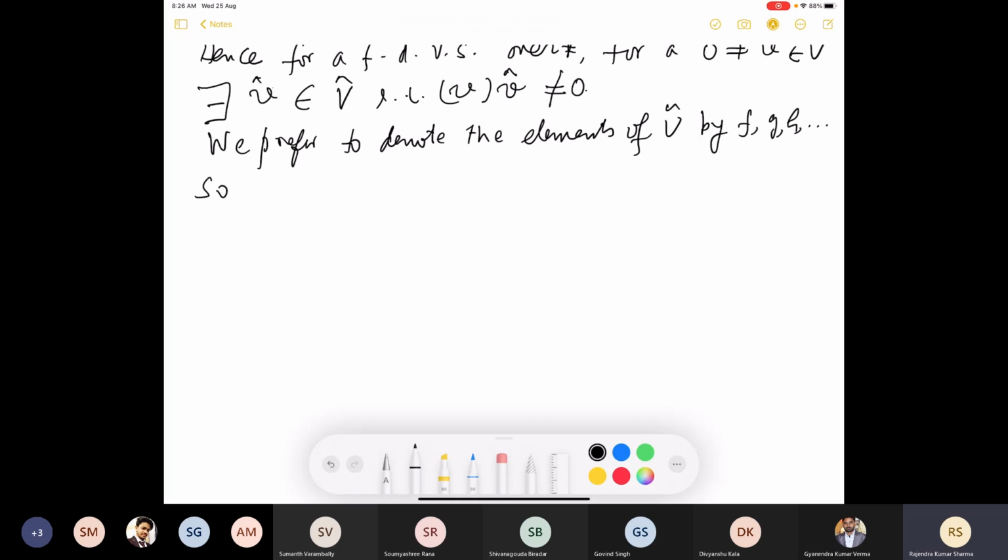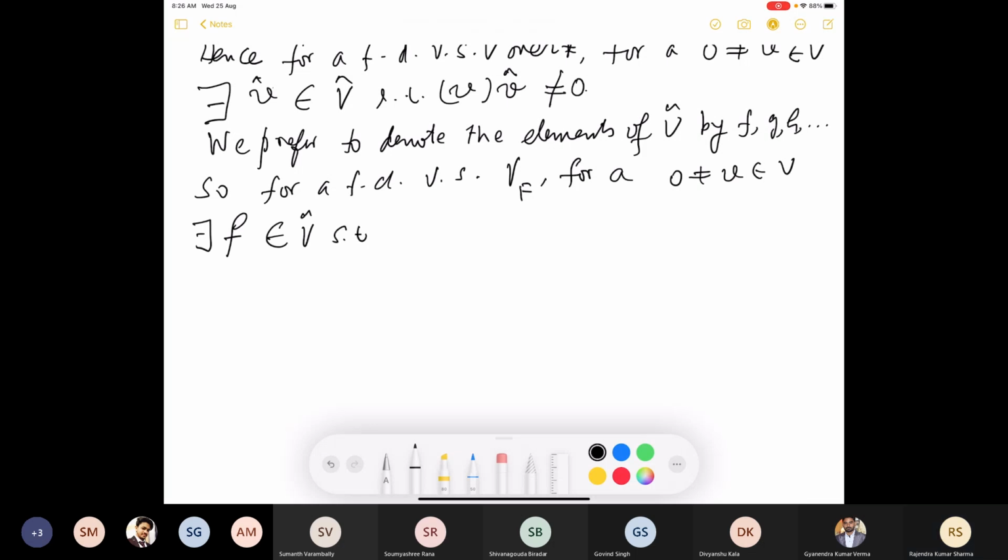So what we have got is that for a finite dimensional vector space V over F, for a non-zero vector in V, there exists a linear functional, say f, in V hat, such that this v under f is not zero.